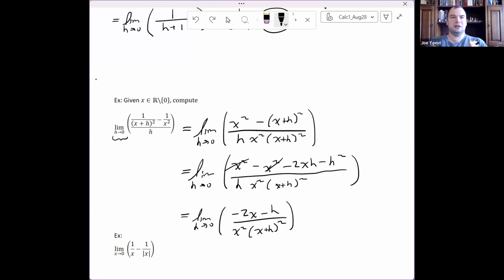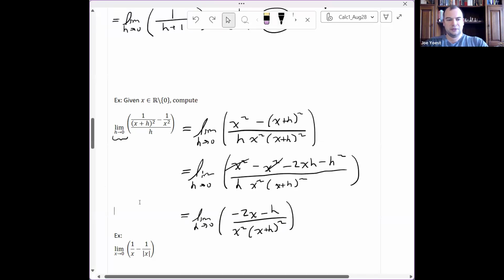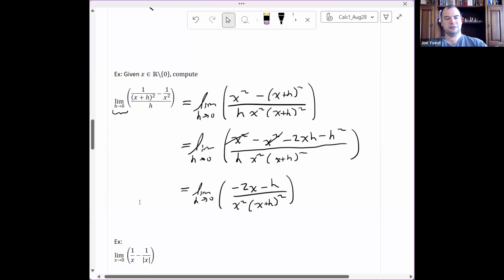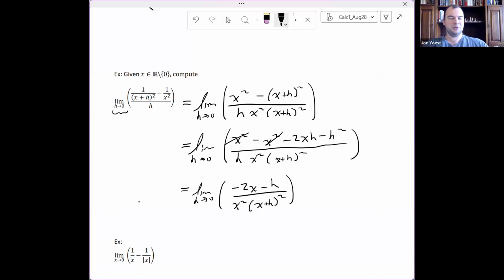We can restrict ourselves to, if needed, a super small open interval surrounding 0 that we let h operate in. And we can stay away from any issues with h being equal to negative x. So that's a technical little detail, but it's important for us to realize that we can do that kind of thing.